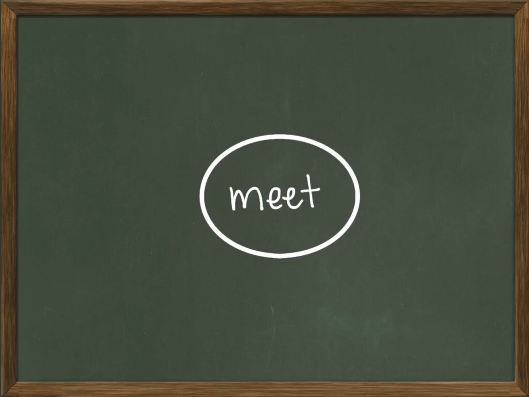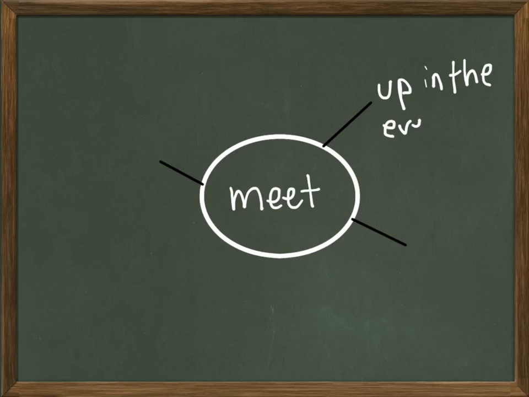Our first verb is meet, and with this we can say several, we have 2 or 3 options we can use with it. We have meet up in the evening. Evening would be an option. We can also say morning or afternoon. We also have meet near work.